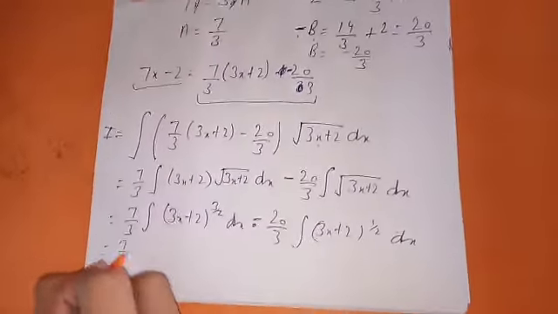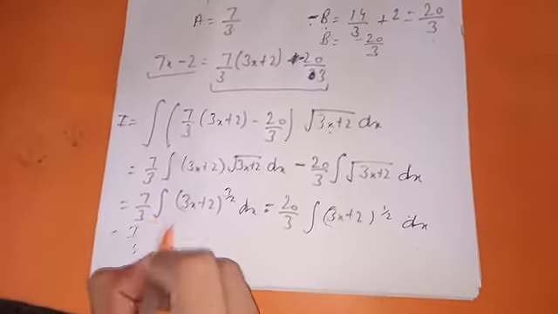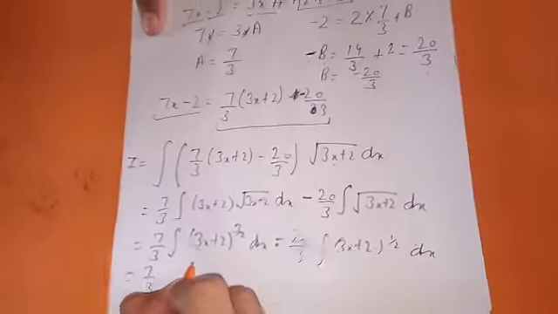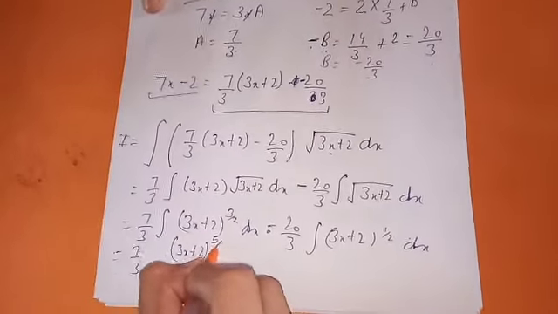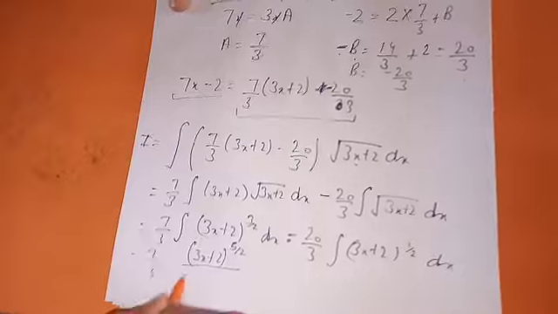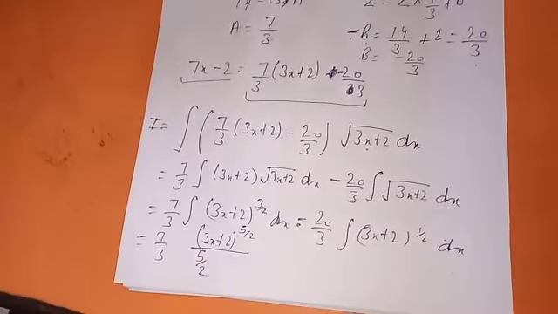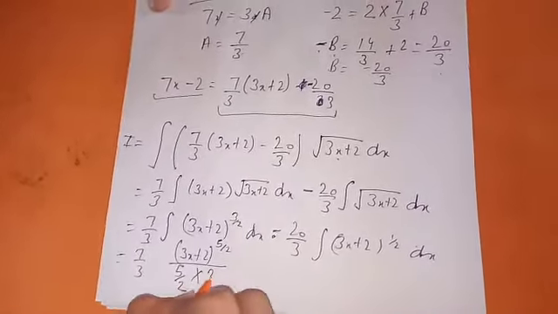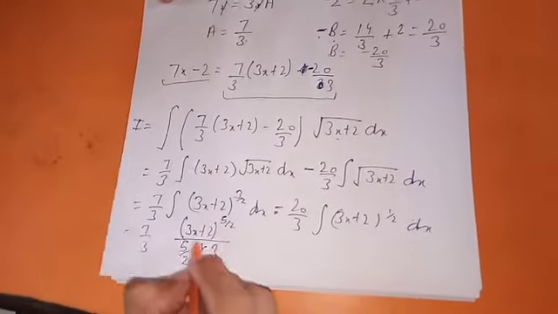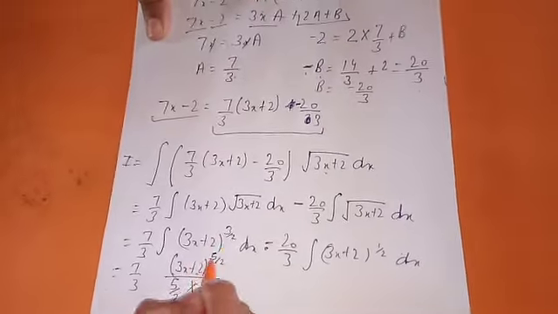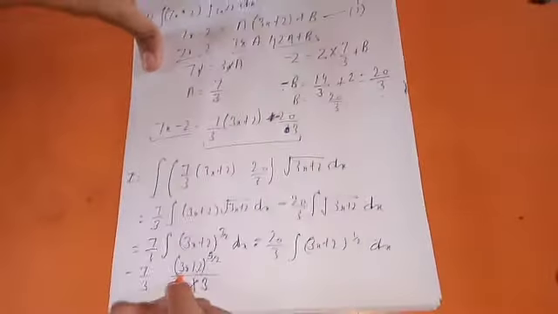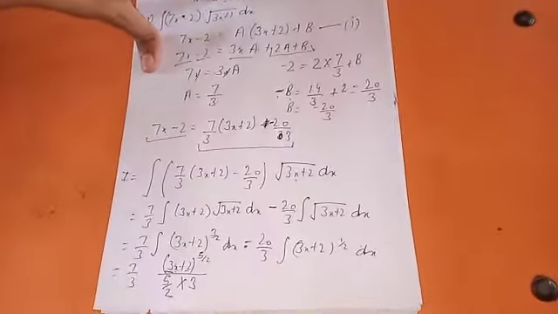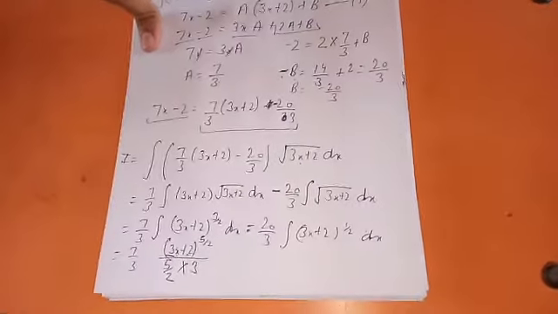So it will be 7 by 3 as it is. First of all, we will add 1 in its power, that will be (3x plus 2) raised to power 5 by 2 divided by 5 by 2, into 3 also, because if we integrate this, first of all we are done with power. Now we have a constant with our variable, so this constant will be divided.